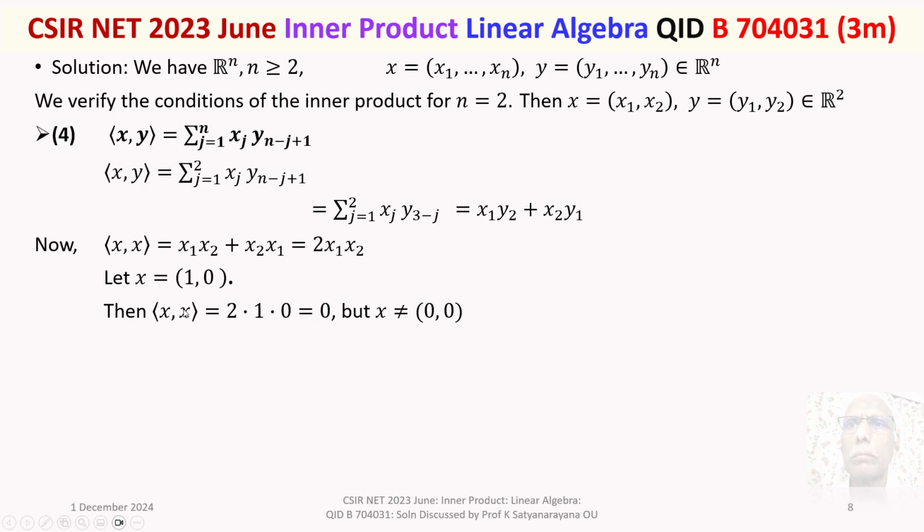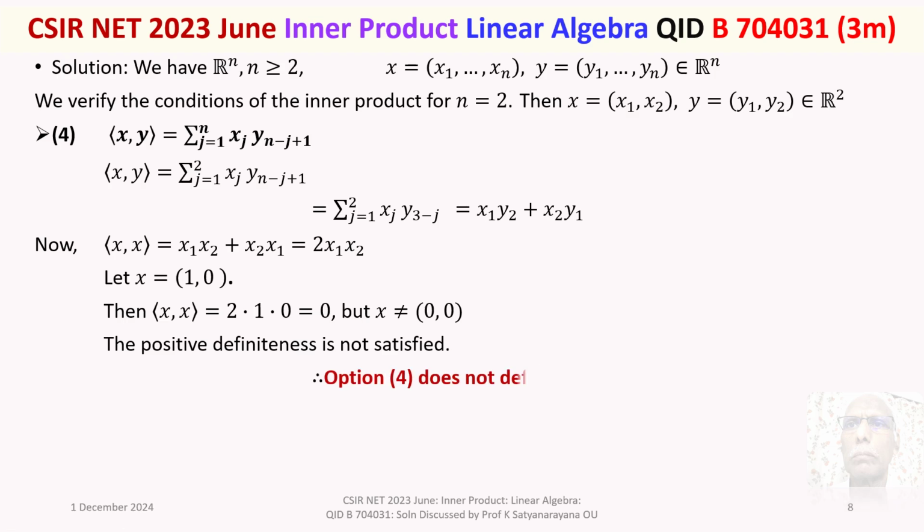So x comma x is 0, but x is 1 comma 0, which is not equal to 0 comma 0. So the positive definiteness is not satisfied. Therefore option 4 does not define an inner product.